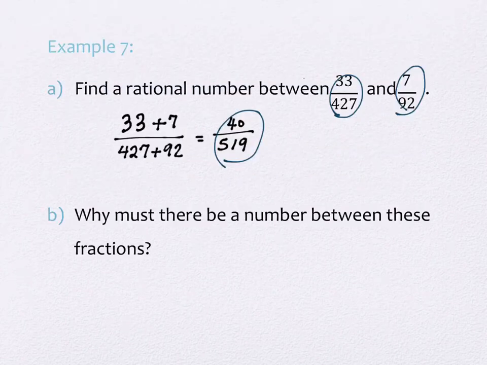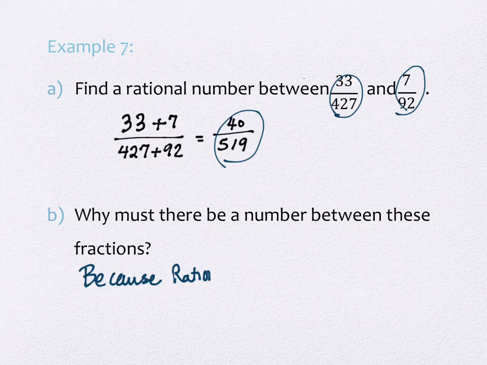So over here, where it asks us that, it's because rational numbers are dense. That doesn't mean dumb. Dense.